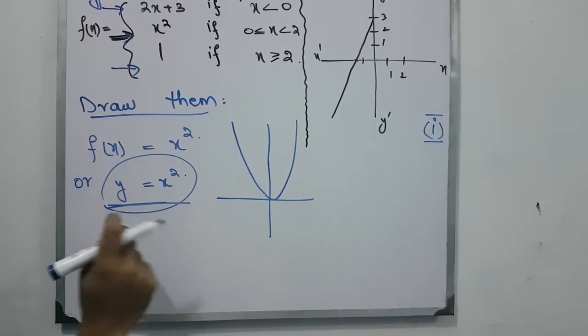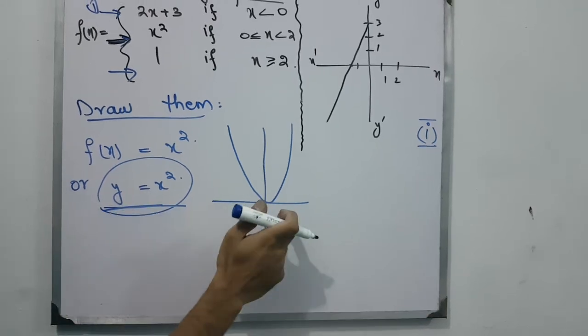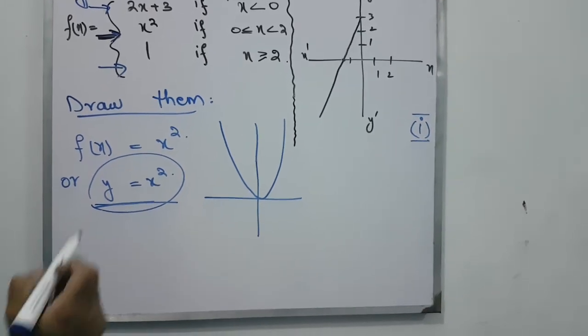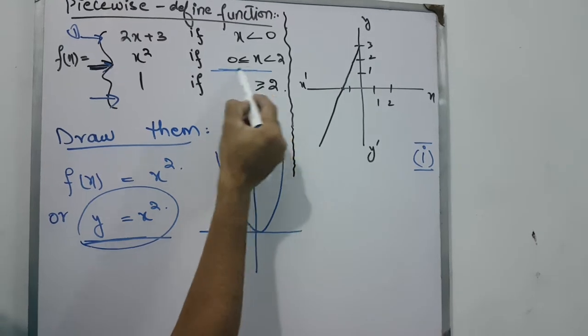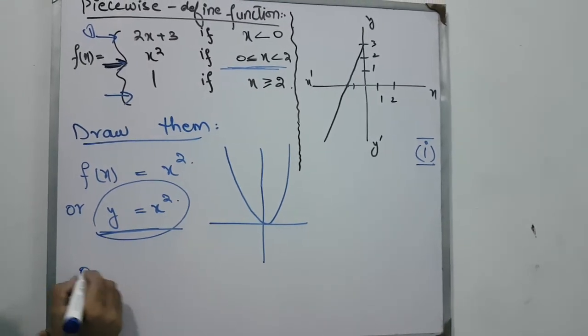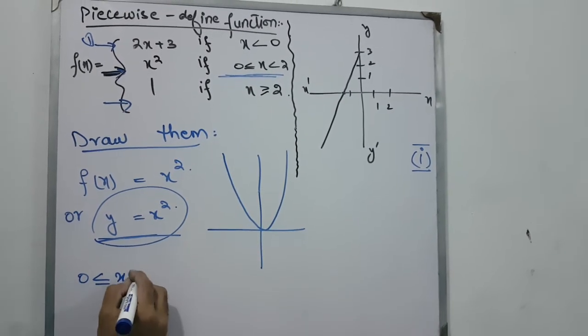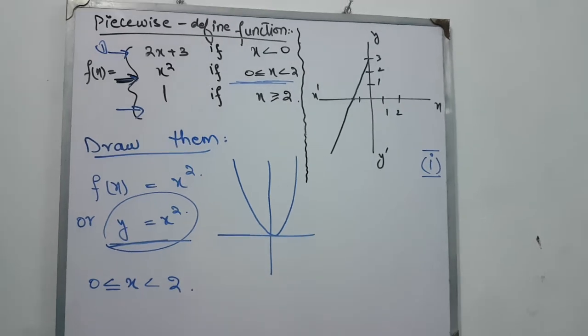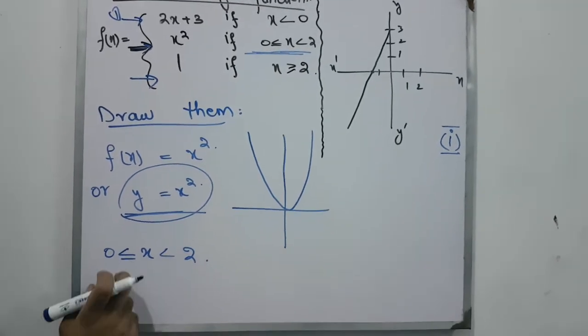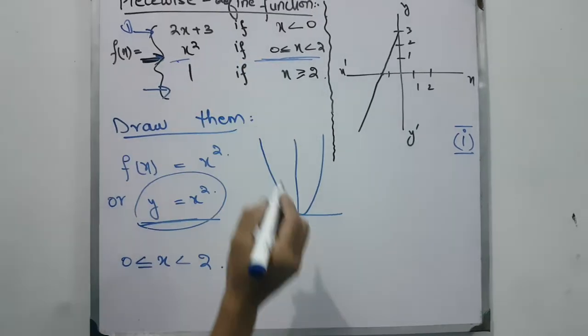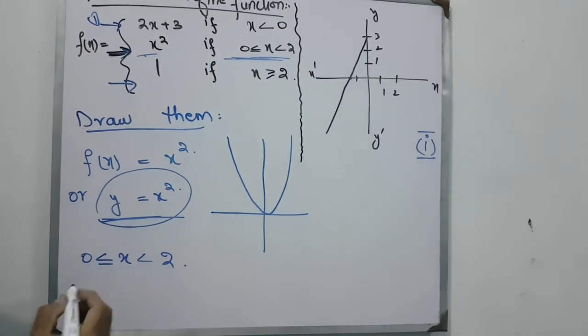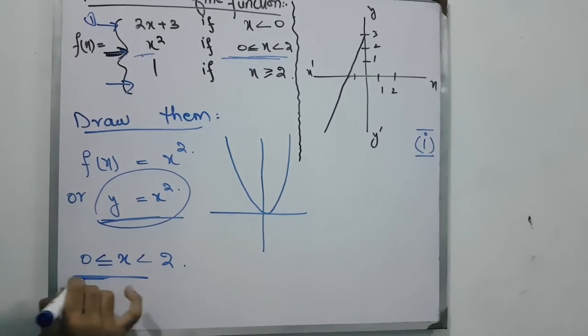The graph of x square equals y will be like this, but you have to keep in mind the condition: 0 is less than or equal to x, and x is less than 2. This is the condition of this equation. So keep in mind that. Now I'm going to draw using this condition.